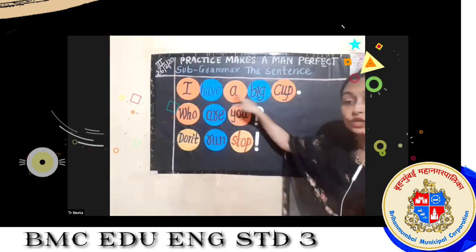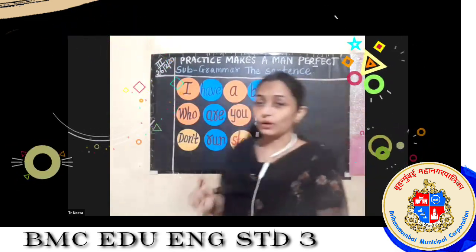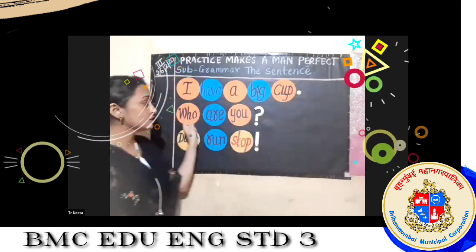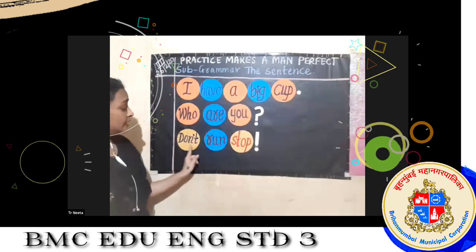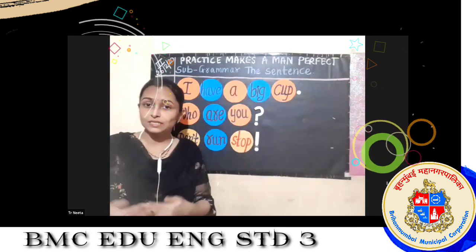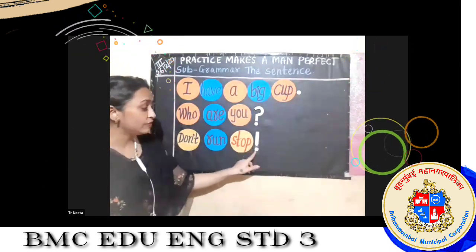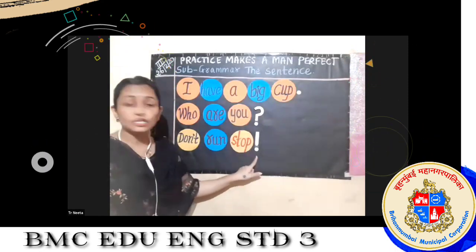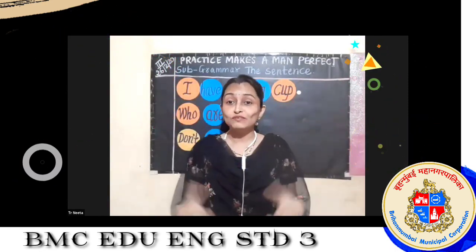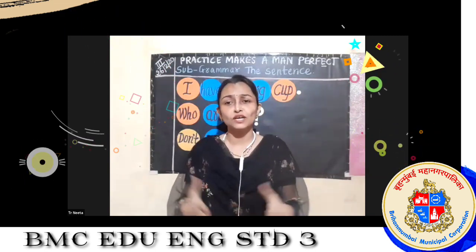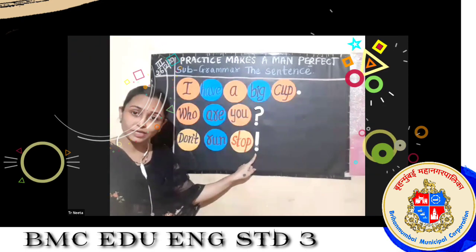So if it is a normal statement, we are going to put a full stop. If it is a type of question, we are going to put a question mark. And if it is expressing any kind of feeling, then we are going to put an exclamatory mark, like, hooray, I won the game. So when we won the game, we express our feelings. We are so excited. So at that time also we can put this exclamatory mark.